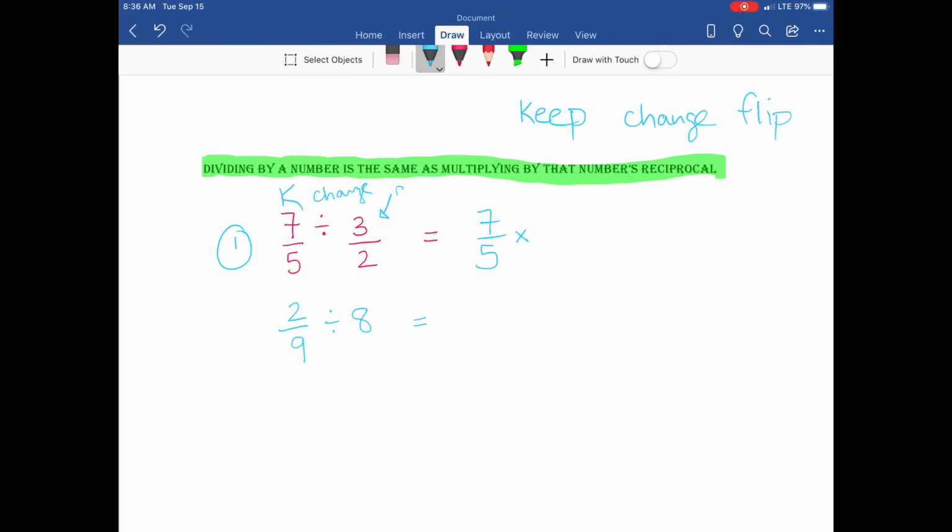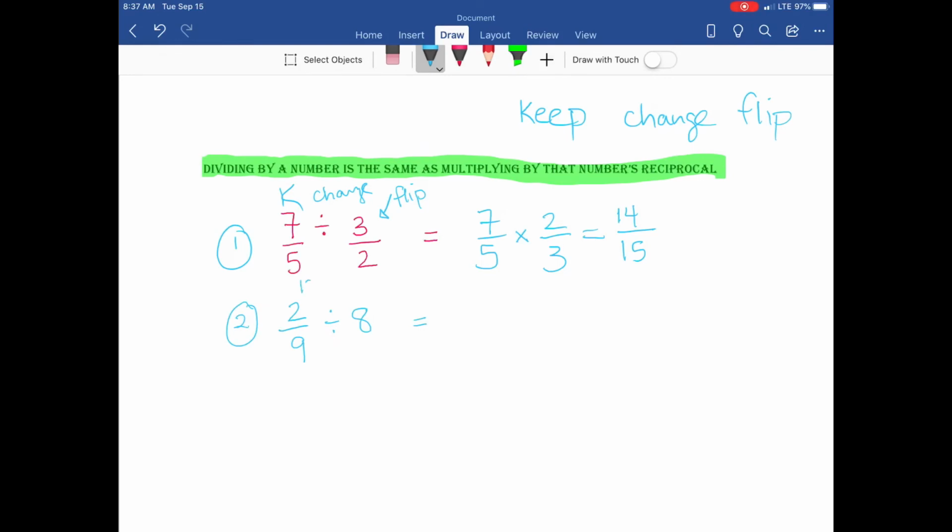Keep, change, and what do I do with the 3 over 2? I flip it. Keep, change, flip. And then I multiply through. Top times top, bottom times bottom. So 7 times 2, which is 14, over 5 times 3, which is 15.